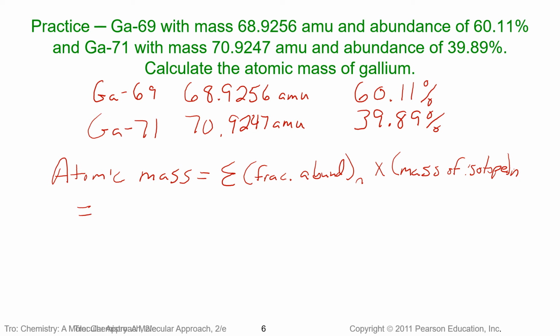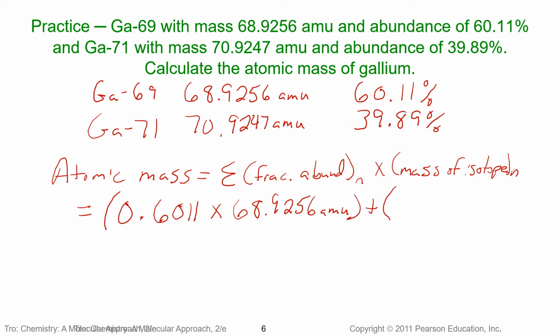So remember, fractional abundance is basically dividing our abundances by 100 to get the decimal equivalent times the mass of that isotope, plus the fractional abundance, again moving the decimal place, times the mass of the next isotope.